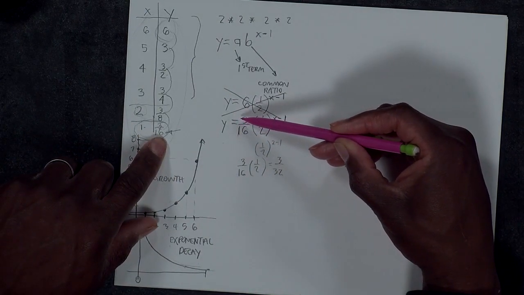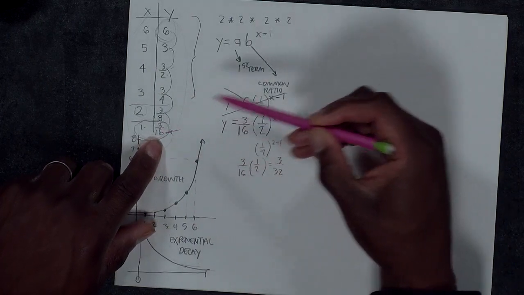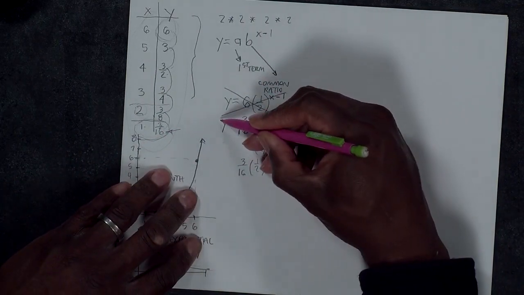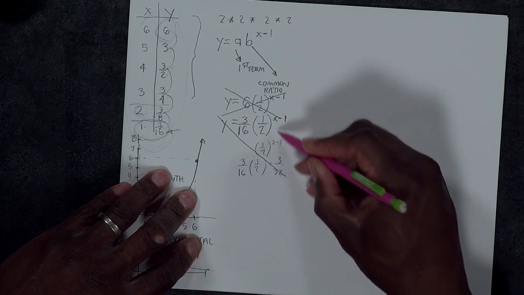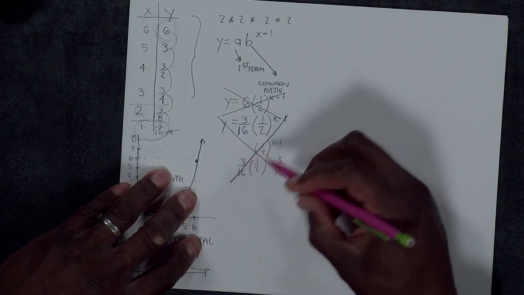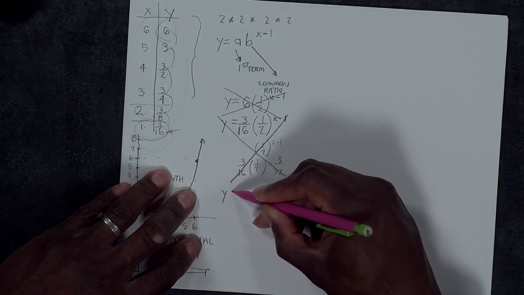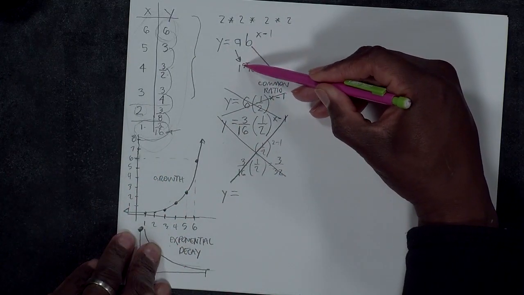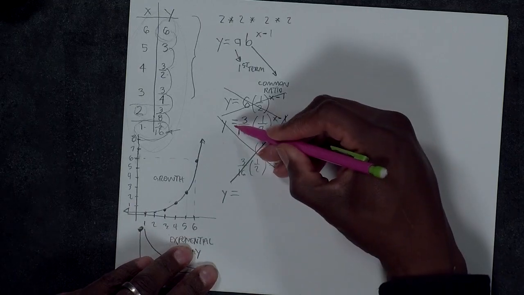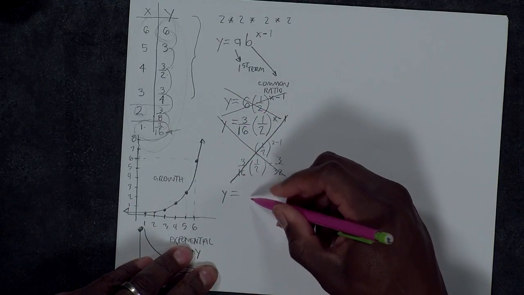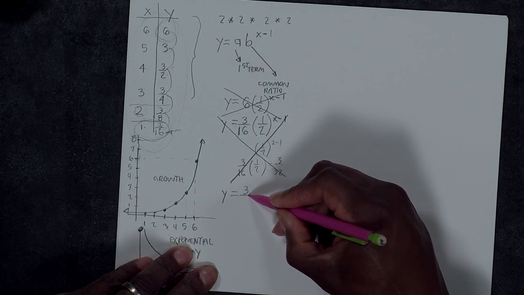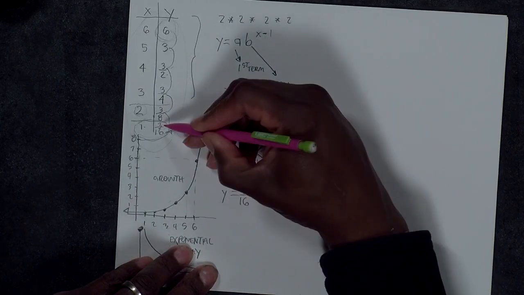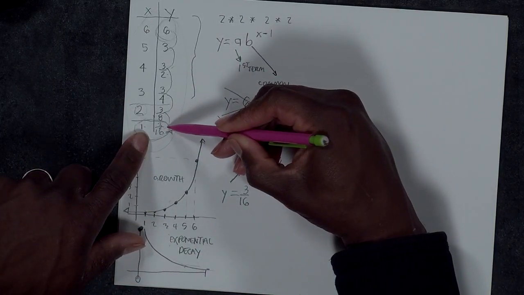First term is 3/16. Oh, okay. I really apologize. Our equation, once again, we got y is equal to the first term times the common ratio. Our first term is 3/16, but our common ratio is not half.